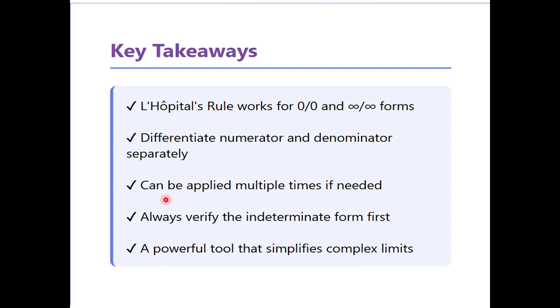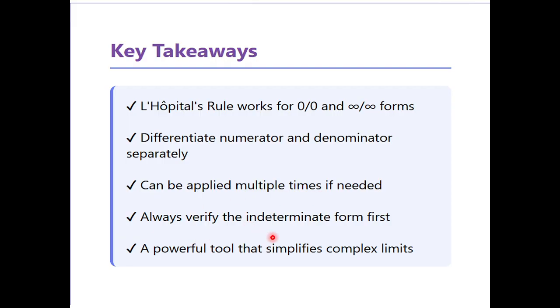Third, it can be applied multiple times if we need. If we take the derivative and the answer is still in 0 over 0 or infinity over infinity form, then we can continue to apply L'Hopital rule till we get a number which is not indeterminate.